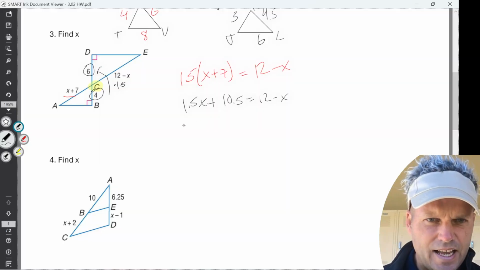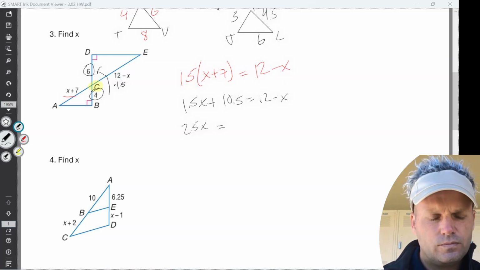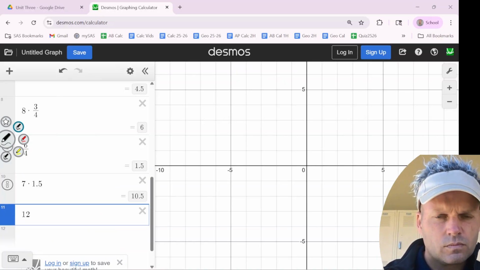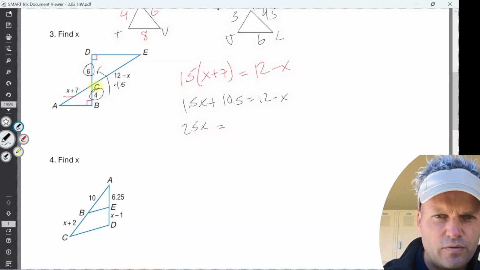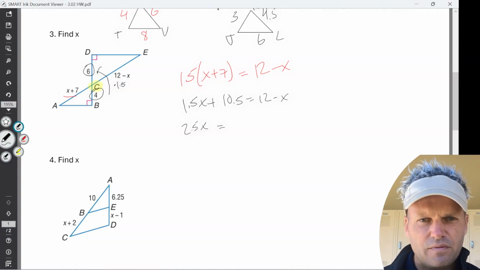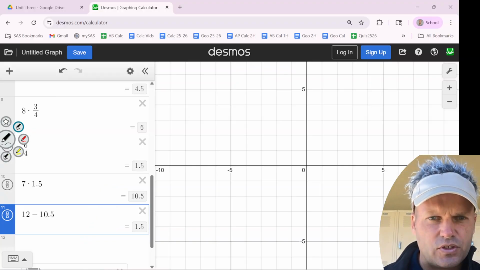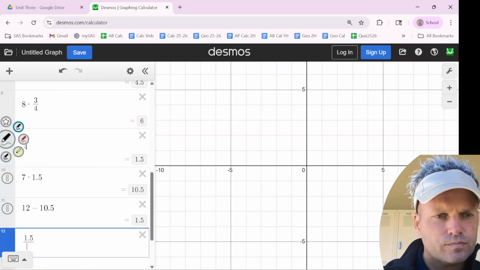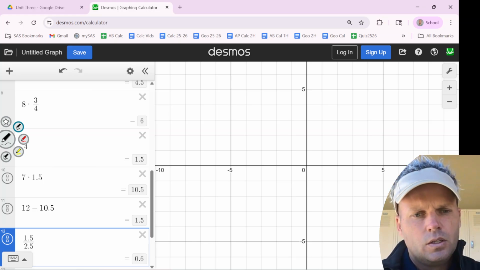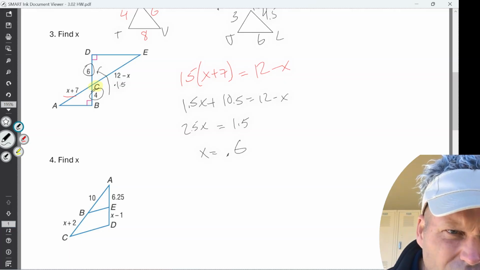I'll solve this by adding x to both sides, subtracting 10.5 from 12 to get 1.5. I get 2.5x equals 1.5. I'll divide both sides by 2.5 to get 0.6. Cool.